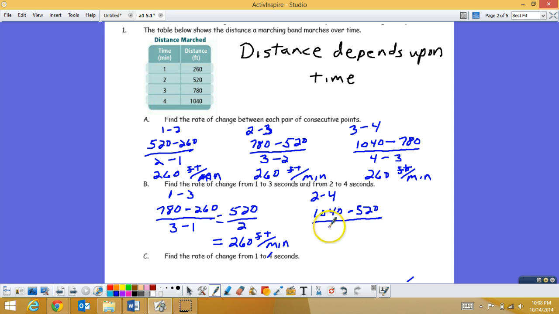And on the bottom, we're going to subtract the time, 4 minus 2. So, subtracting those distances, that's 1,040 minus 520. 4 minus 2 is 2. And again, we're at 260 feet per minute.